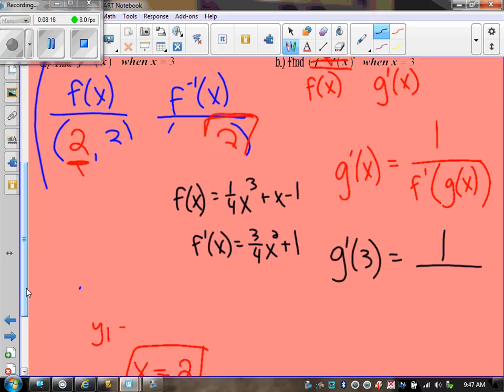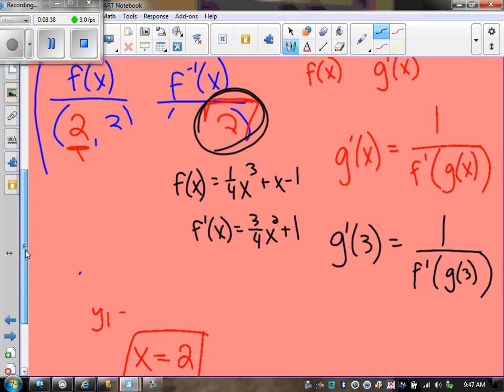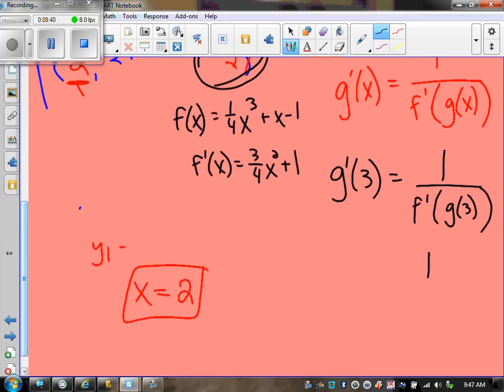Okay, and do I know what g of 3 is? Well, g, remember what we called g? G was really f's inverse. Do we have a value of f's inverse at x equals 3? Isn't that what we found over here, which was 2? Right? The value of my inverse at x equals 3 we found in part A, which was 2.